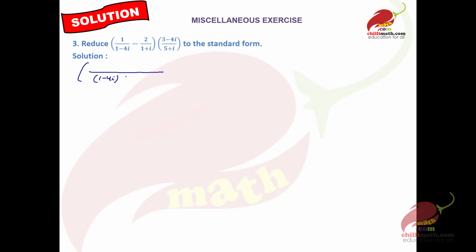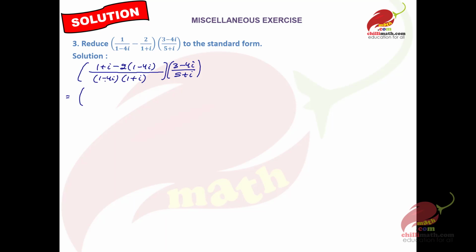This is 1 minus 4 iota into 1 plus iota, and this cross multiply: 1 into 1 plus iota minus 2 into 1 minus 4 iota, and this as it is, 3 minus 4 iota over 5 plus iota.